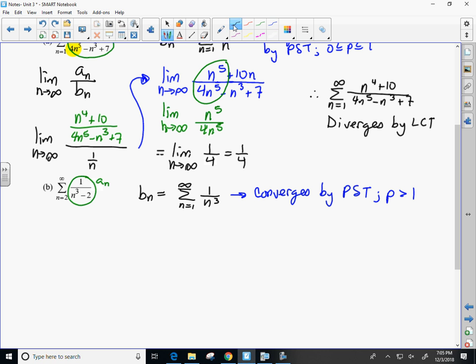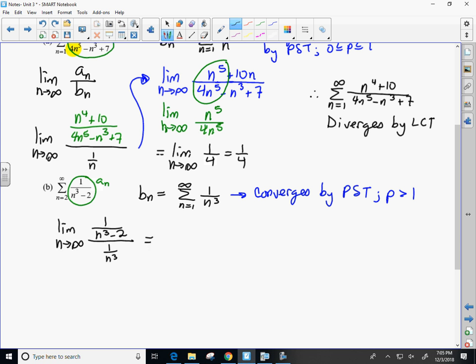Now I need to see how that's going to relate to the original summation and determine whether or not that's going to lead to convergence there. All right, so I'm going to do my a sub n over b sub n, so the limit as n approaches infinity of 1 over n cubed minus 2 divided by 1 over n cubed.